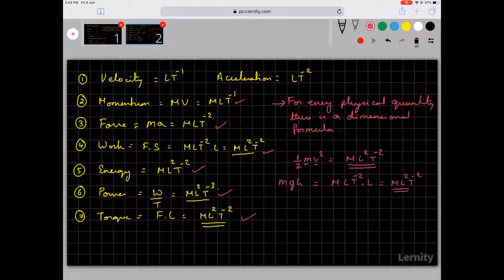Okay. So what we are trying to say is, irrespective of how you find out, the dimensional formula for any quantity will be the same.